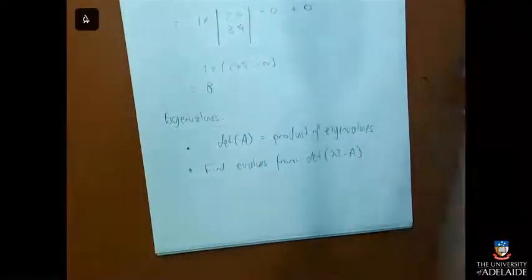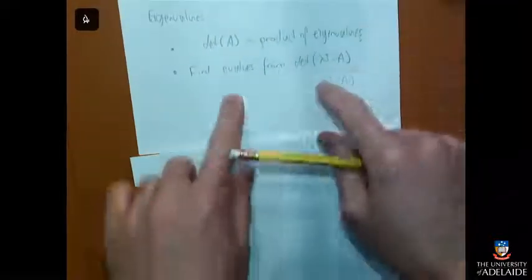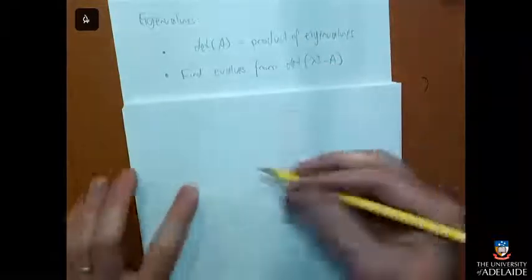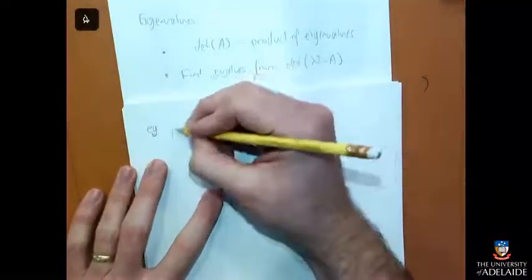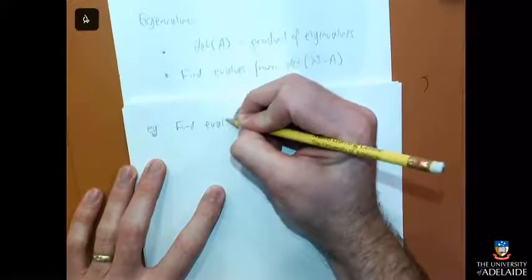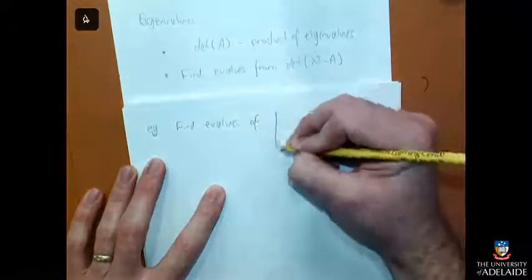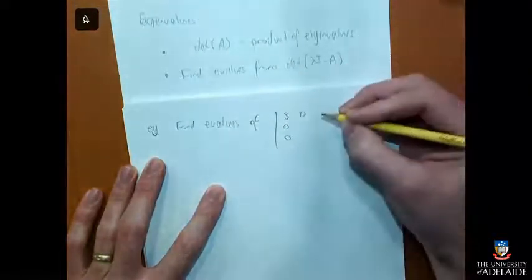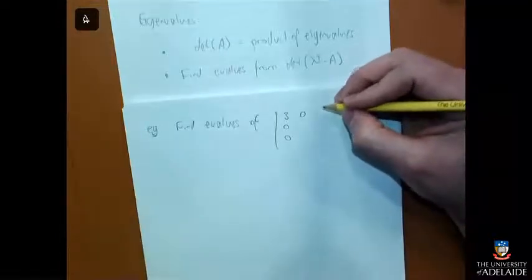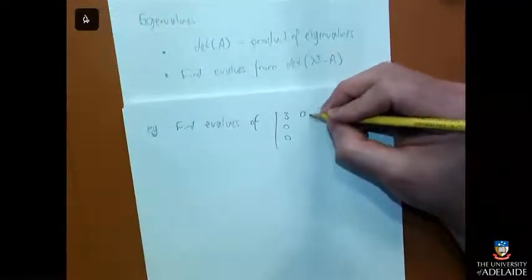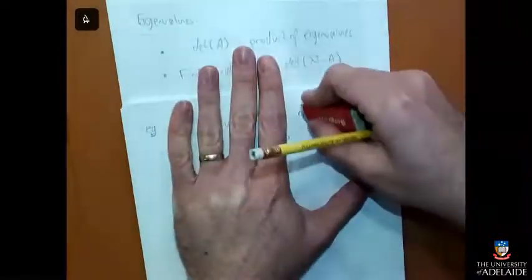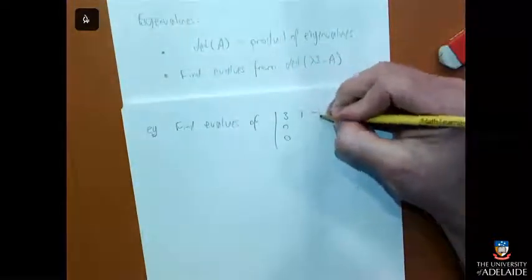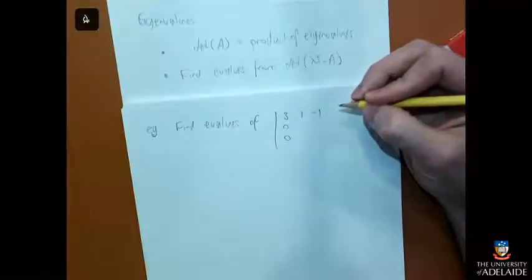All right, I'm just going to do one more thing. Just a couple of examples of using this information for eigenvalues. But it's just going to be simpler if I go to a new page. I'm just trying to make up a matrix that has eigenvalues that I know.